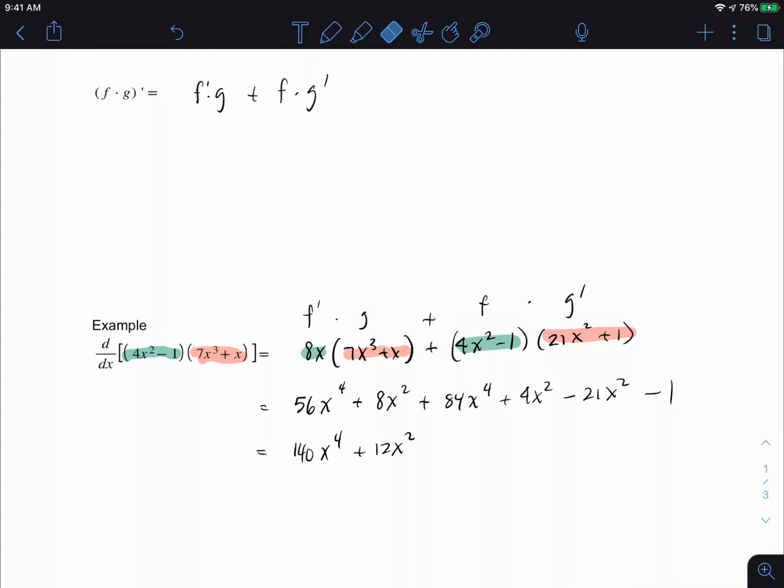I almost forgot the minus 21. So that's going to be minus 9. Is that right? Minus 1. Can you guys verify that? My algebra could potentially suck, and I don't want to get it wrong. Yeah, that's right. Okay. So this would be the derivative of this product.